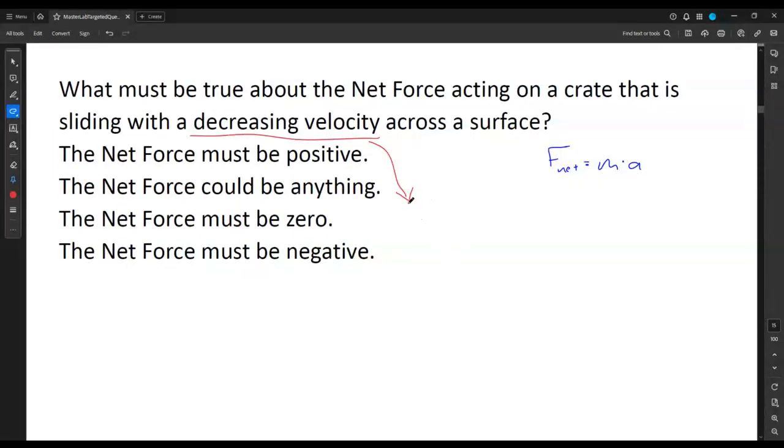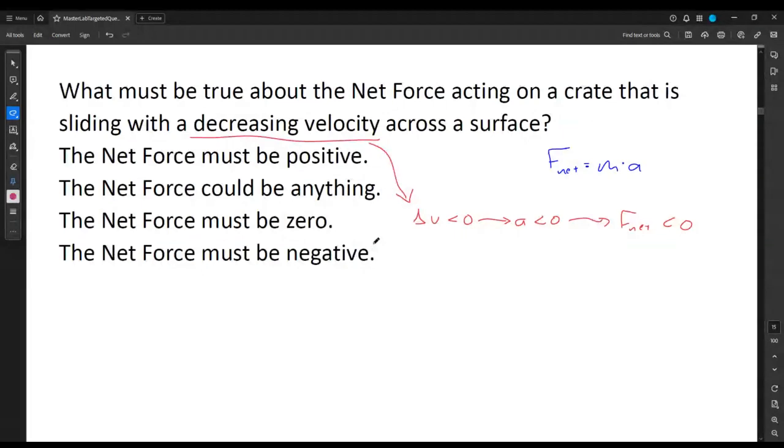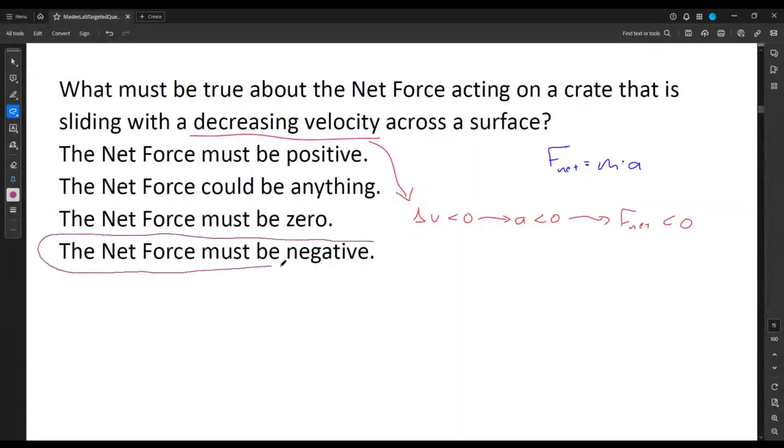Decreasing velocity, so that's going to mean that our change in velocity is less than zero, which is then going to mean that our acceleration is less than zero, which is then going to mean that our net force is less than zero. So what numbers are less than zero? Negative.